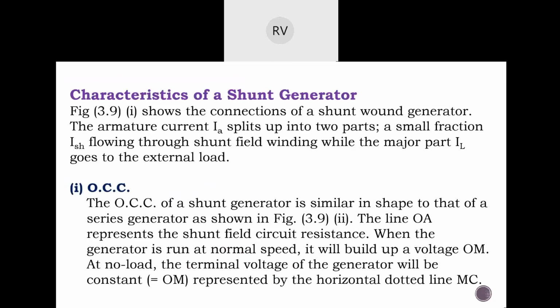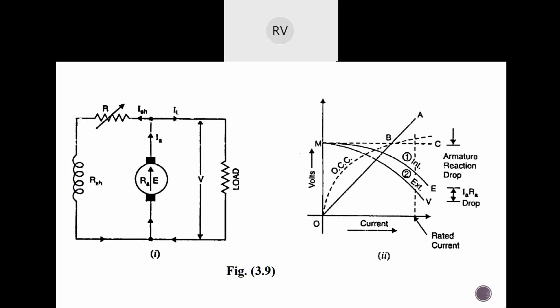At no load, the terminal voltage of the generator will be constant, equal to OM, represented by the horizontal dotted line MC. So he's saying that if you don't have any load, then the terminal voltage will be constant, and that is represented by the line MC.